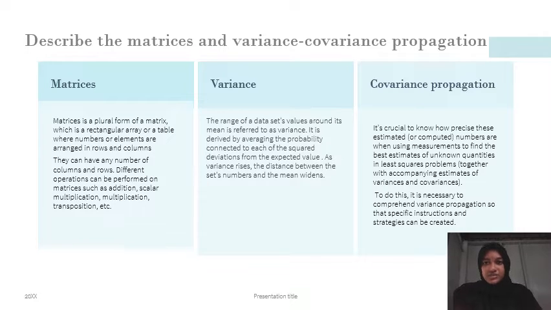It's crucial to know how precise these estimated or computed numbers are when using measurements to find the best estimate of unknown quantities in this least squares problem, together with accompanying estimates of variance and covariance. To do this, it is necessary to comprehend variance propagation so that specific instructions and strategies can be created.